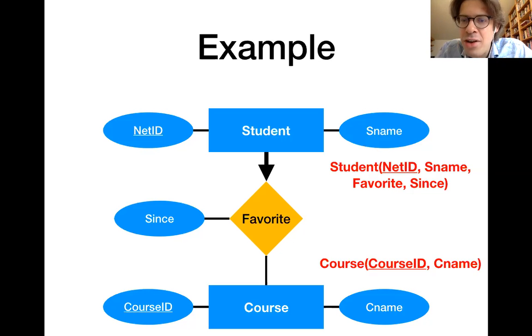Because of that, we know that we can just put all of that information into the same row which describes the corresponding student. If a student could have multiple favorite courses, then the system would not work. In that case, I would need to introduce a new separate relation in order to represent this relationship.